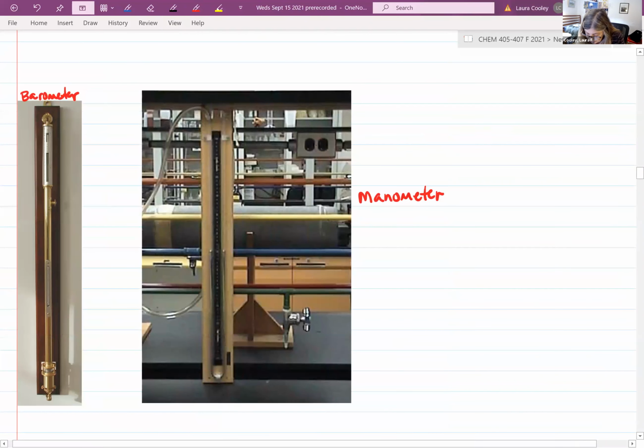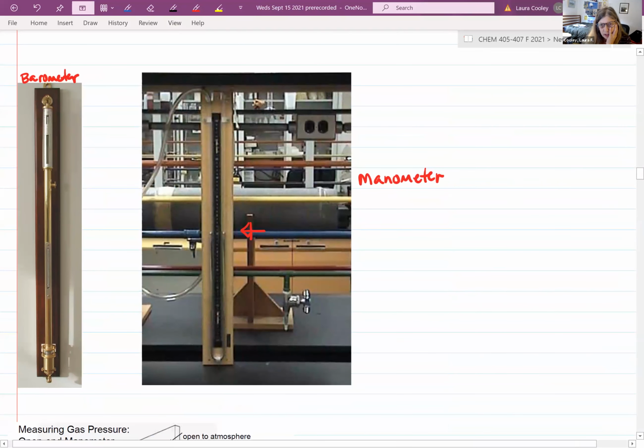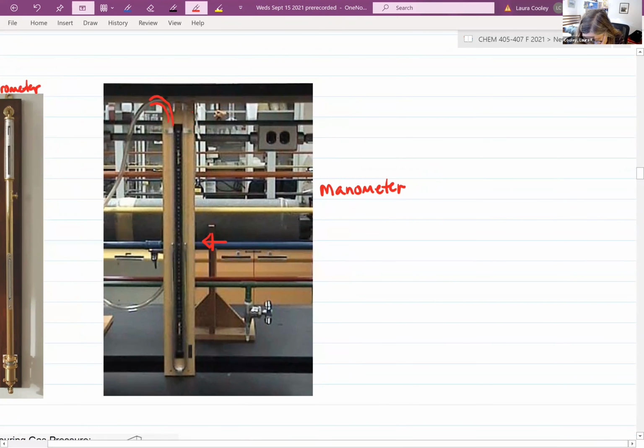Okay, manometer. You can see there are two levels. Here you can see the mercury levels, and they're the same. And you see this plastic tubing that comes onto the top of one of the ends. The end of the other tube is open to the atmosphere.